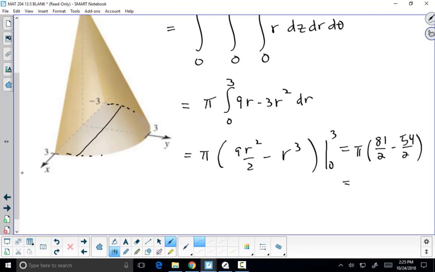So whatever that is, 27 over 2 times pi. That will be the volume of this cone-ish thing.